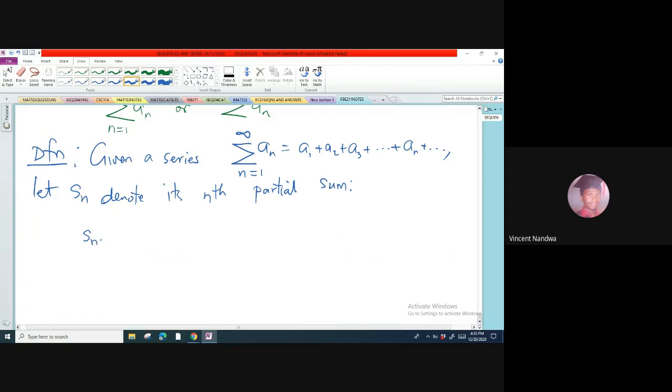That's to say Sn equals the summation from i equals 1 to n, so we are stopping at the nth term, of ai, given by a1 plus a2 plus a3 up to plus an.